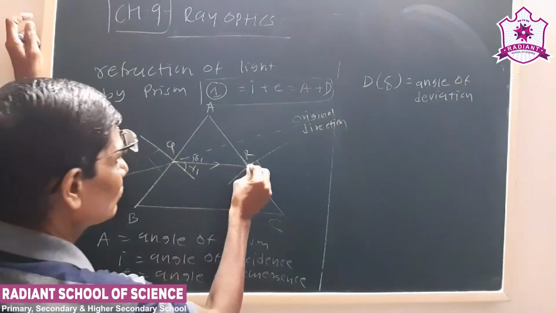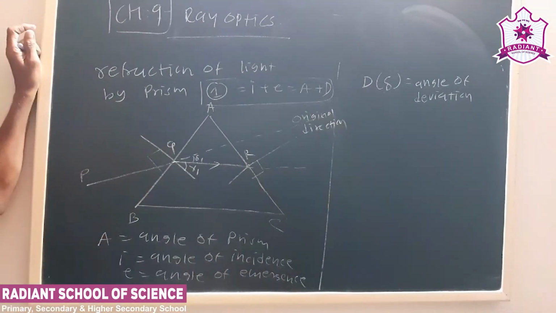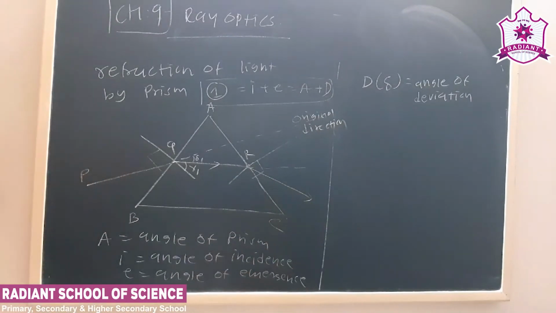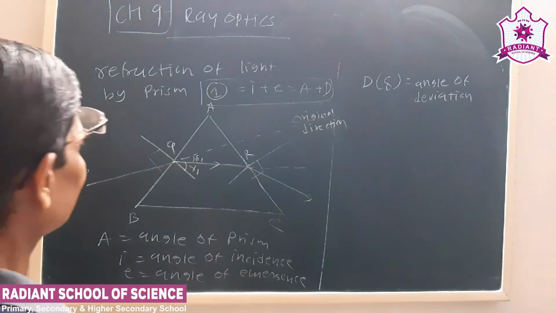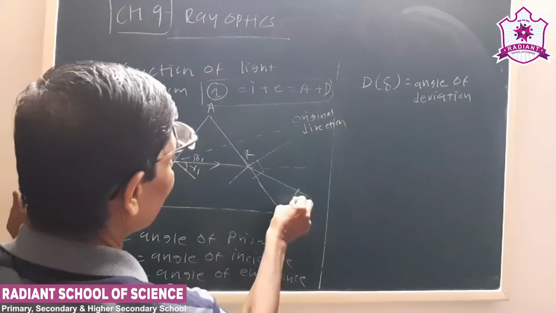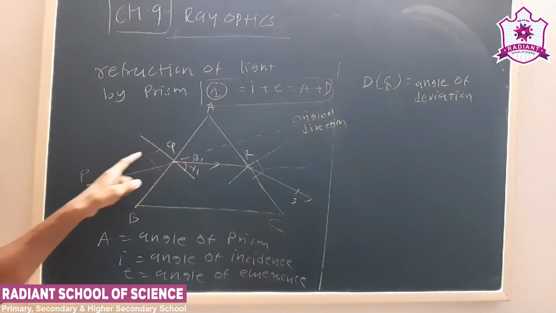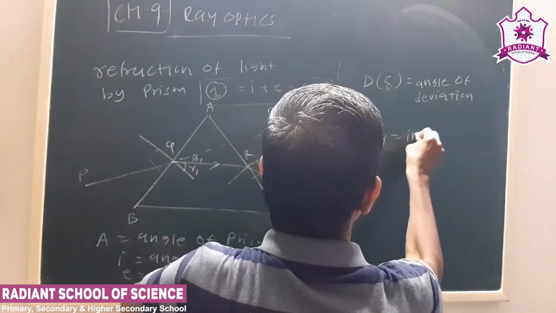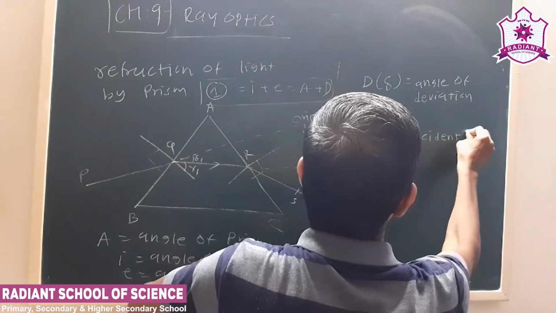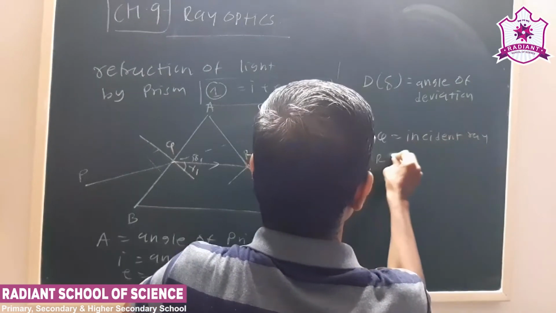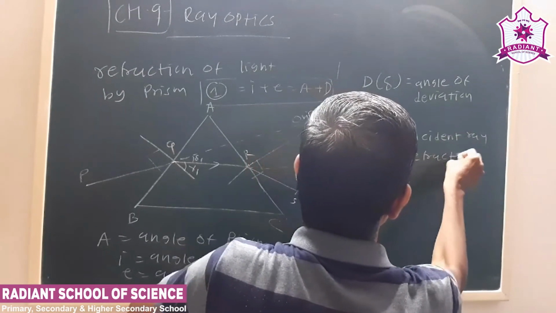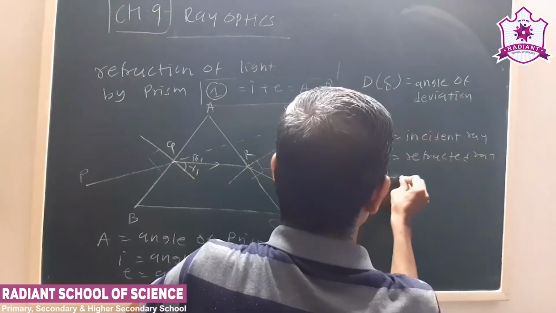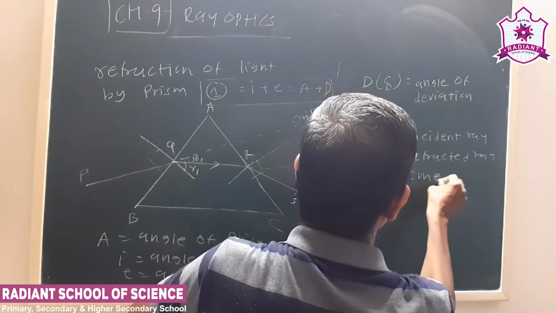So, instead of going in this direction, it will move away from the normal. So, it has moved like this. That's why we can say it has moved in PQRS direction. First incident ray PQ, then QR is refracted ray, and RS is emergent ray.